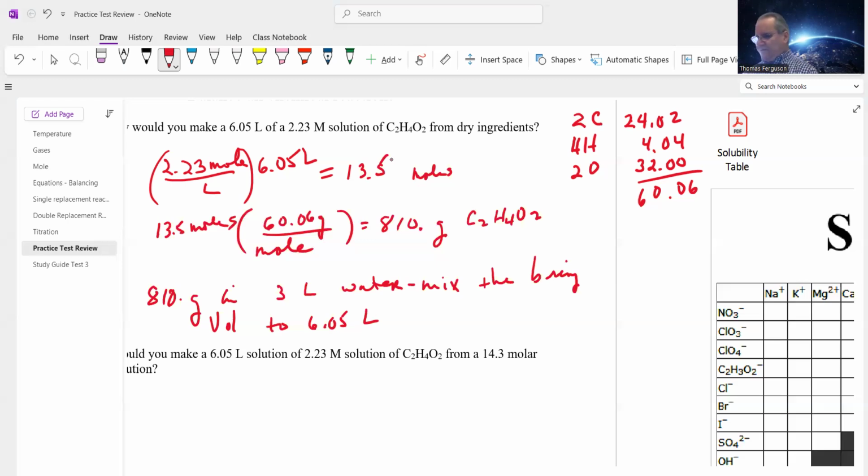So this would be the directions: 810 grams, because I need 3 sig figs, in 3 liters of water, mix, then bring the volume to 6.05 liters.